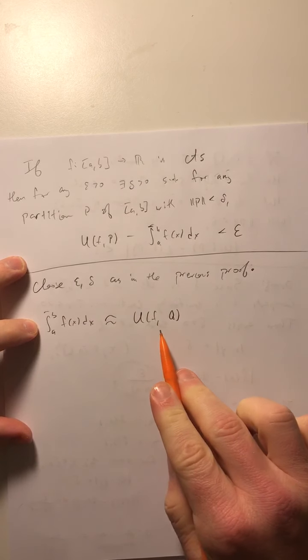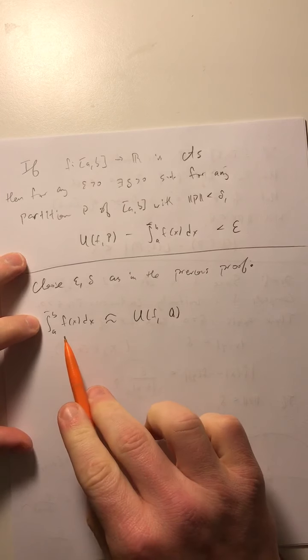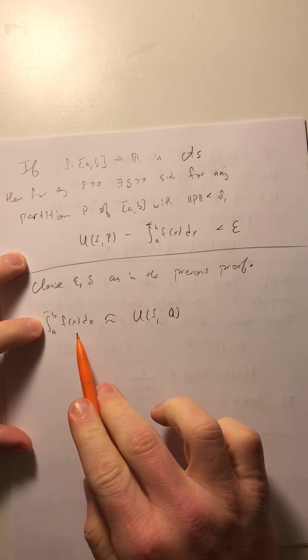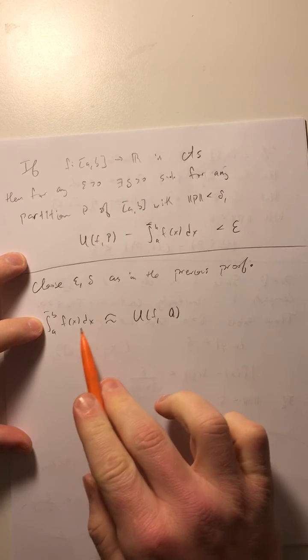This is the infimum of these upper sums, so I can find a Q whose value is as close to this as I want, within epsilon of this.